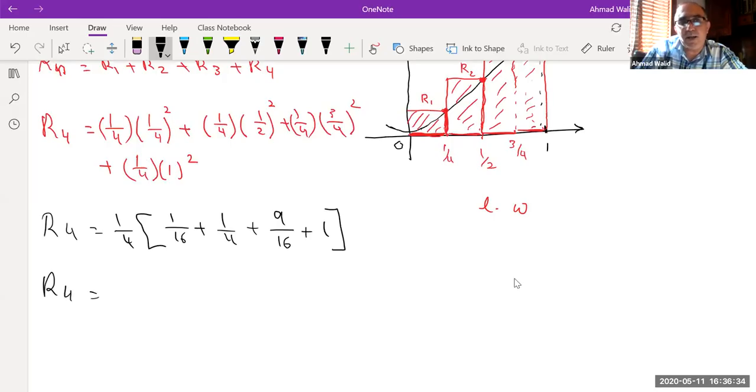Then R4 equals 1/4 times, you need a common denominator, right? Here times 4, times 4, here times 16, times 16. 1 plus 4 is 5, 5 plus 9 is 14, 14 plus 16 is 30 over 16.